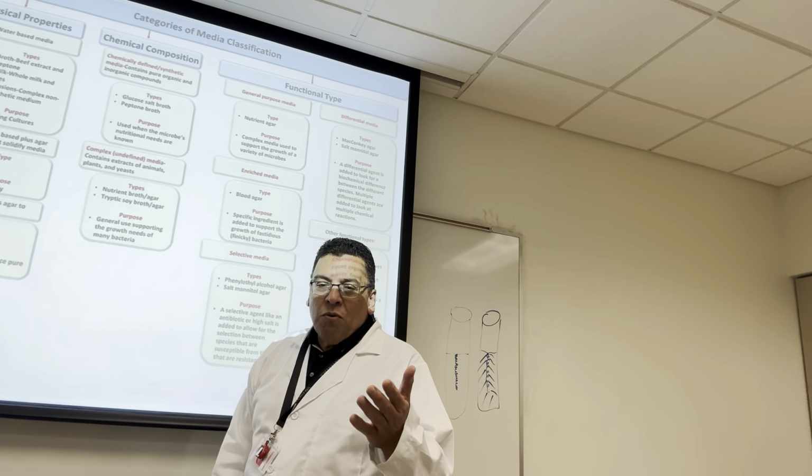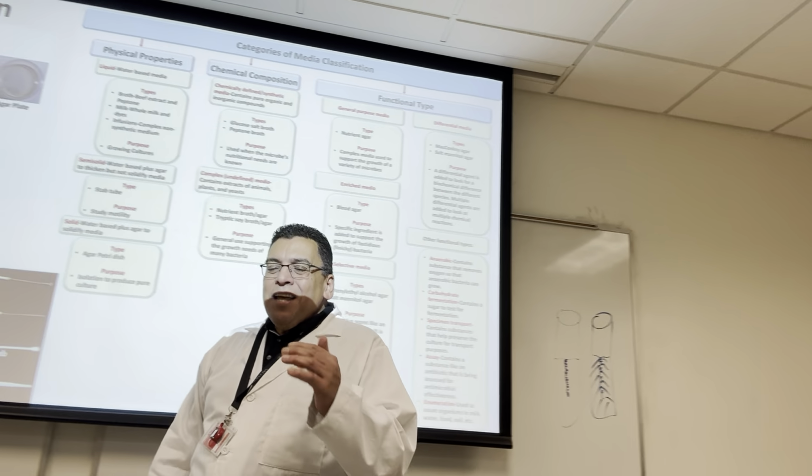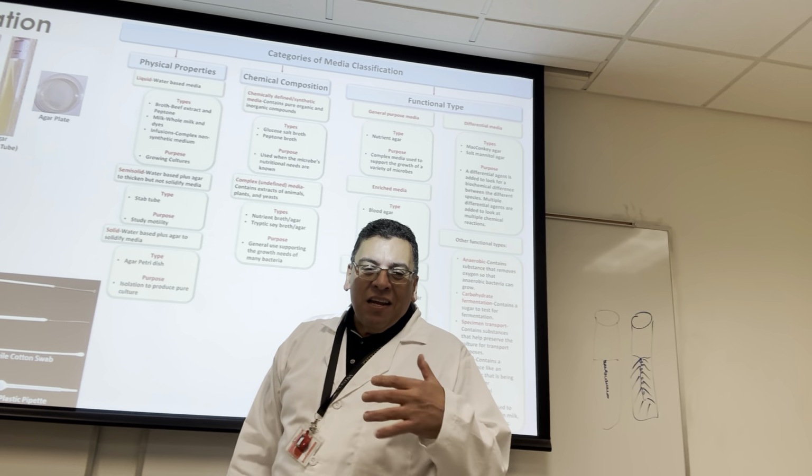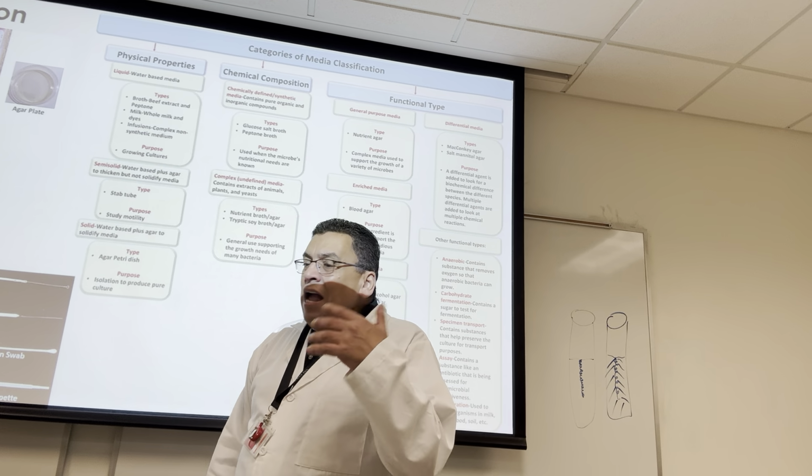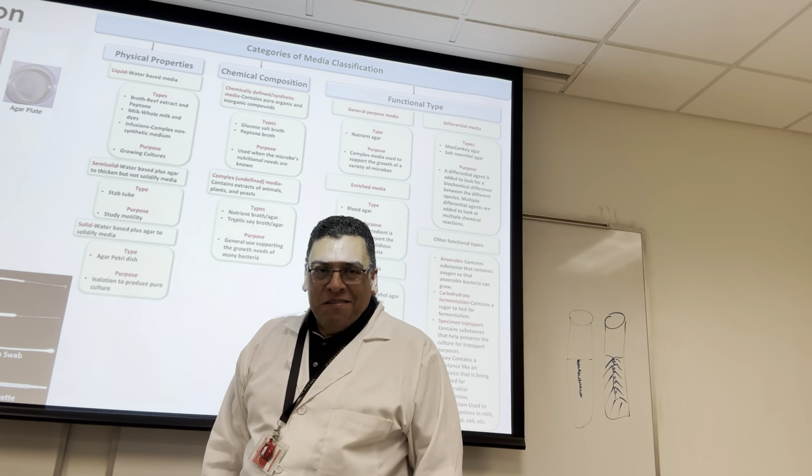And students get these two words wrong. Susceptible comes from the word kind of like sensitive. I can't survive that. So susceptible dies. Resistant, I can handle that, lives. So a resistant bacteria will not be hurt by the antibiotic.